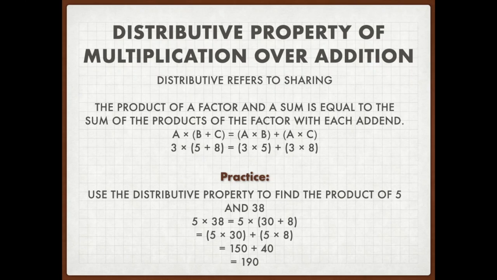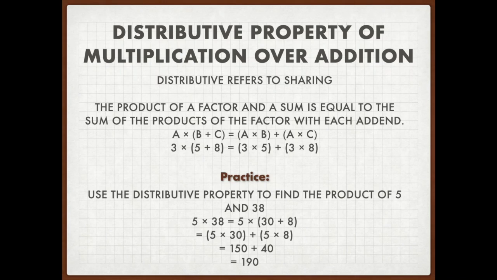The product of a factor and a sum is equal to the sum of the products of the factor with each addend. That's a lot of stuff to take in. We look at that and it may just blow right over our heads. Like, what is that saying? Let's look at the illustrations. Let's just look at the pictures.